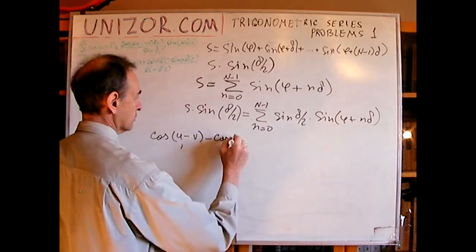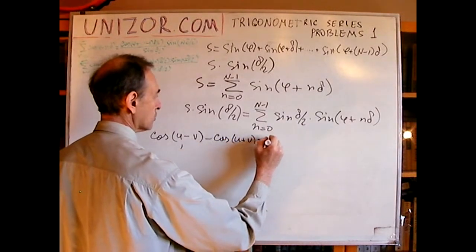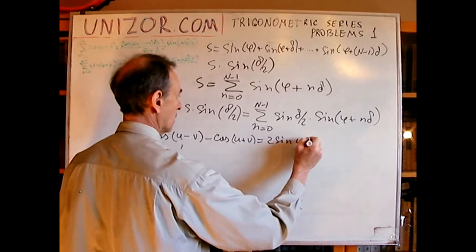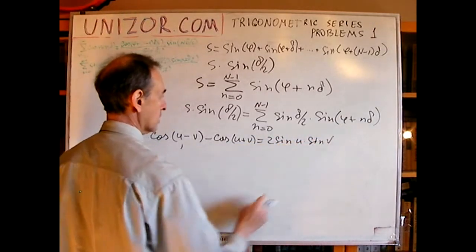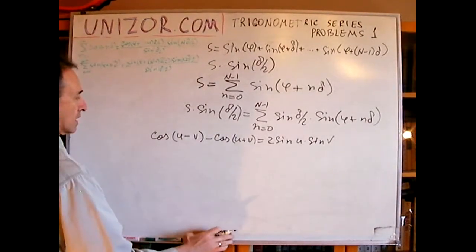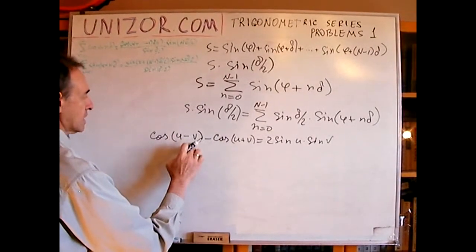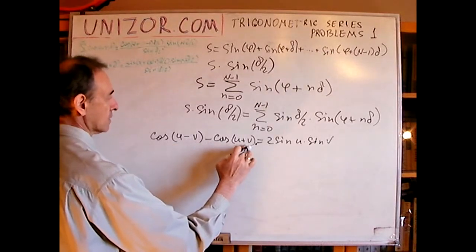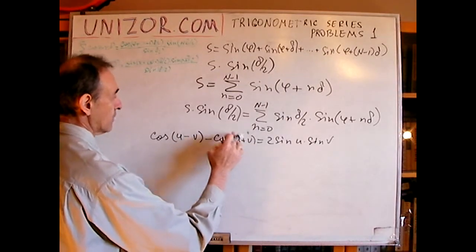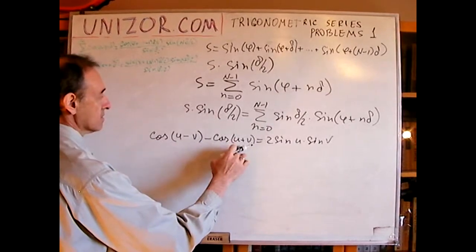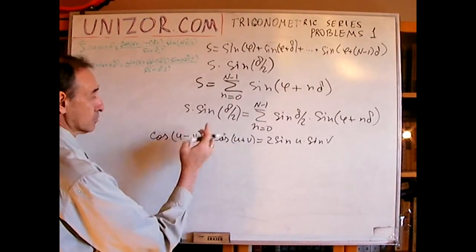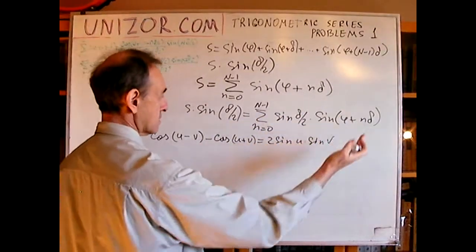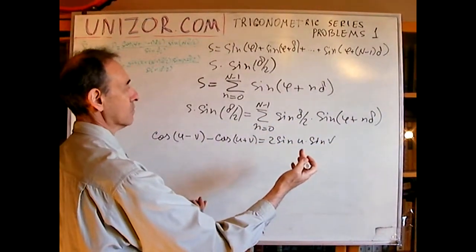Minus cosine of u plus v is equal to 2 sine u sine v, right? Again, this is cosine cosine plus sine sine. This is cosine cosine minus sine sine. Now cosine will be reduced, and this minus cosine and this minus would be plus, and that's why I have 2. Now, so this is what basically what I have, right?